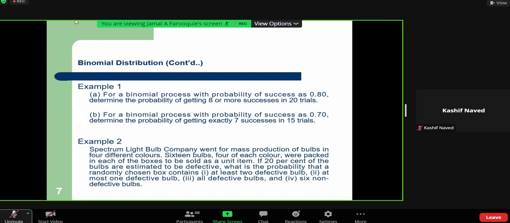Now we come to the first example. For a binomial process with probability of success 0.8, determine the probability of getting 8 or more successes in 20 tries. So first you write it down in terms of R, the left hand side.